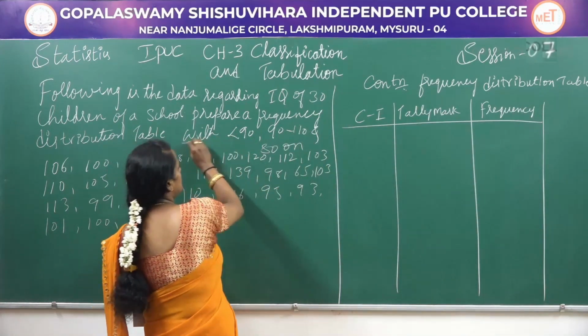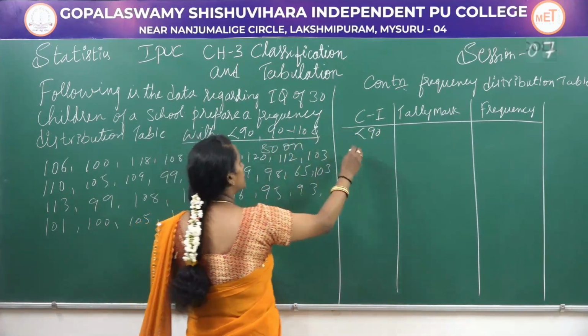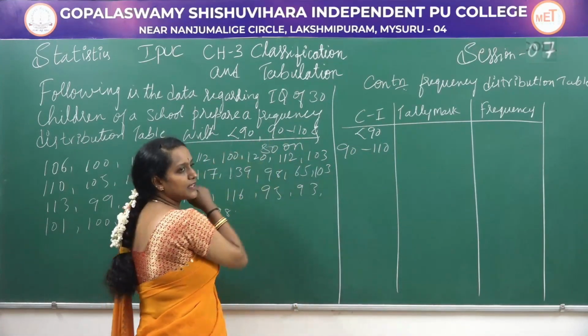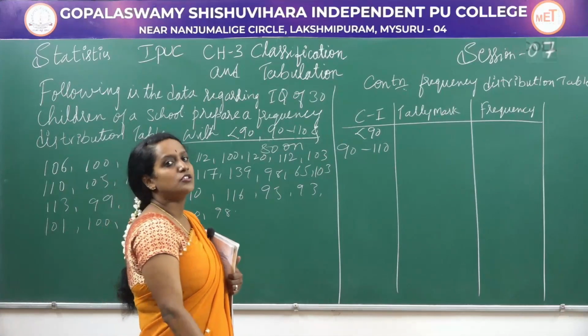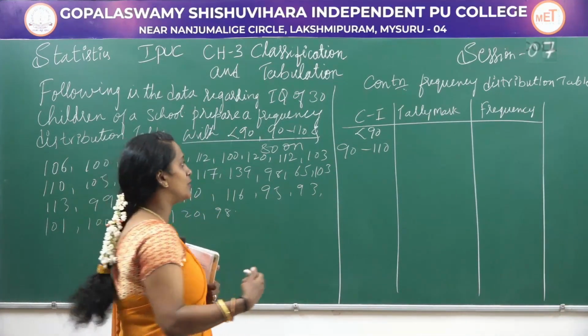First, they have already given less than 90, next is 90 to 110. So the width of this class interval is 20. So we have to write further class intervals with the width 20 only.